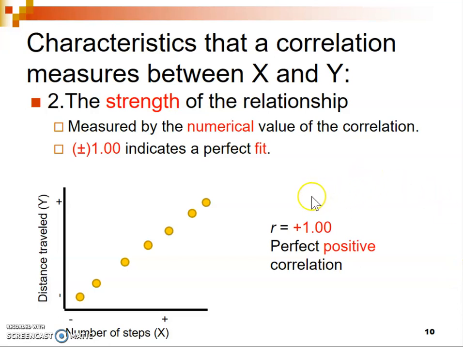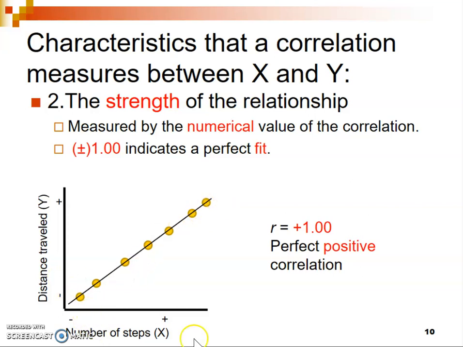One is the highest possible number that you could ever have for a correlation. And a value of 1 indicates a perfect fit. What that means is that every single one of your data points, all of the people in your study, are perfectly fitting on this line.